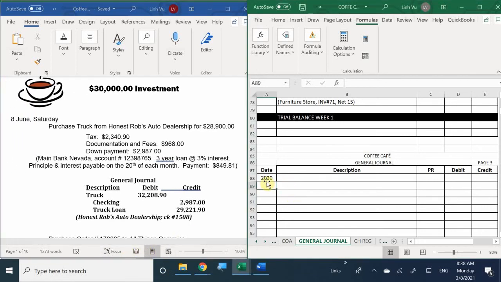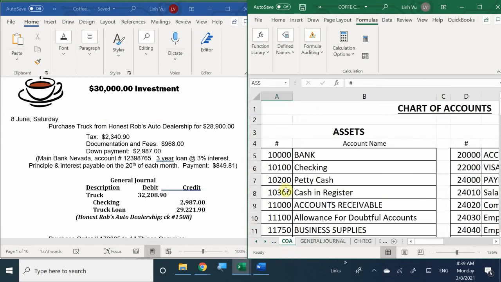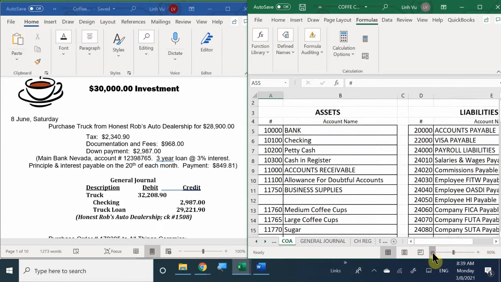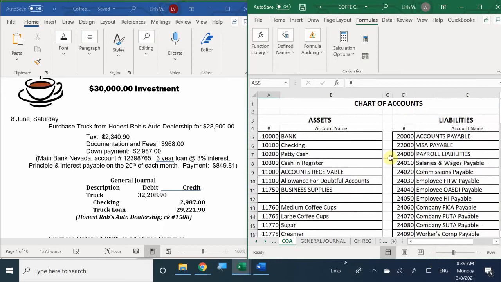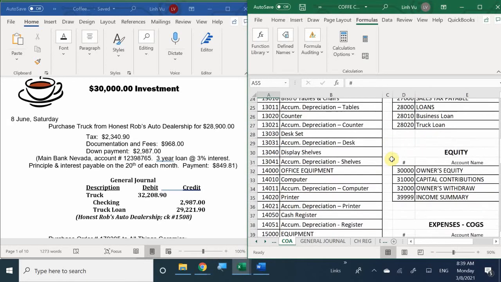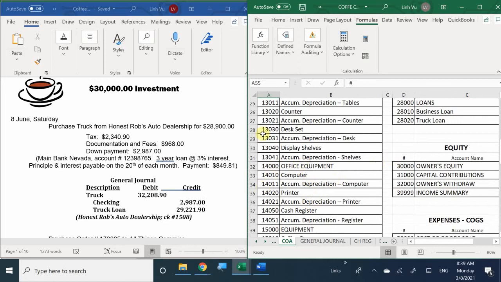So first things first, the date is June 8th. We bought a truck. Let's go ahead and check our chart of accounts. What number is going to be my truck? 17010.